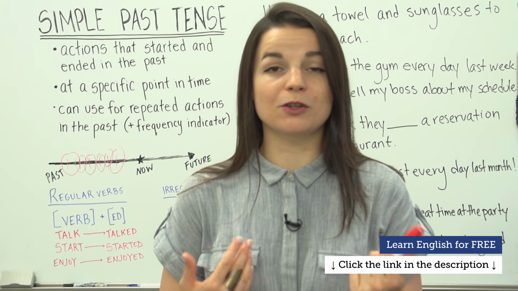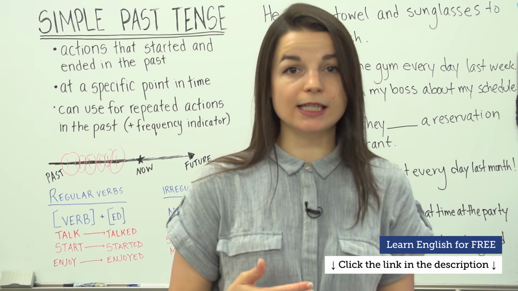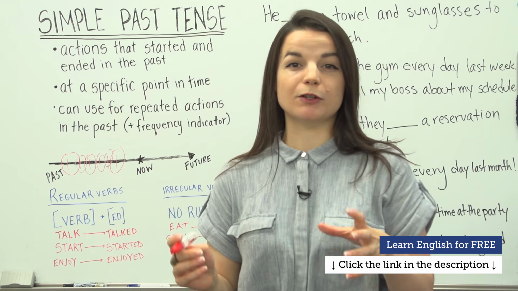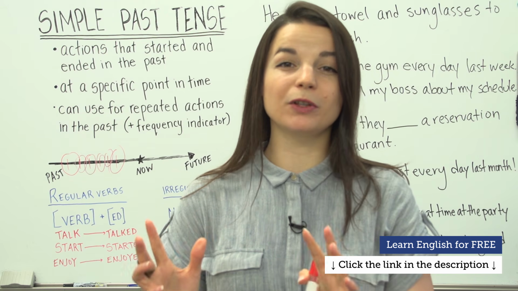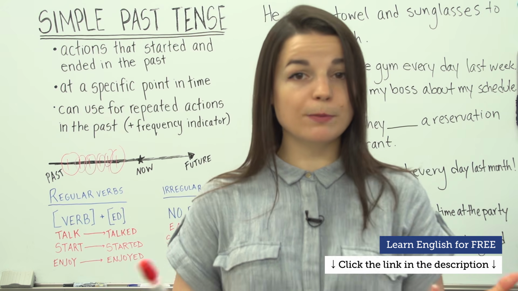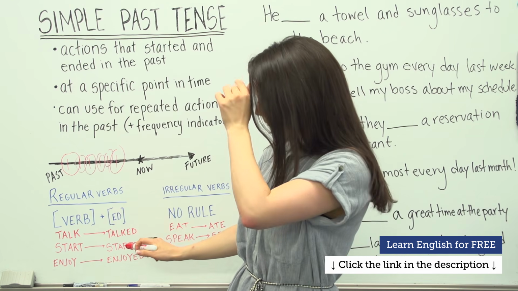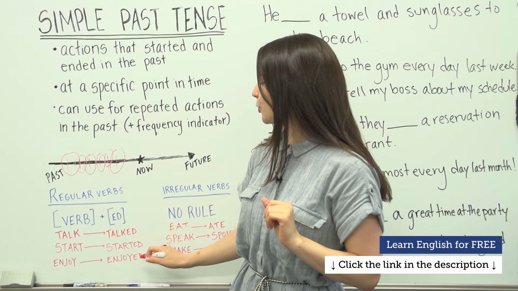So that means when you're using a regular verb, you do verb plus ed. So verb plus ed is the basic form for simple past tense verbs. But keep in mind this is only for regular verbs. Not all verbs are regular verbs. So for example, some common ones are talk, which becomes talked, start, which becomes started, and enjoy, which becomes enjoyed.